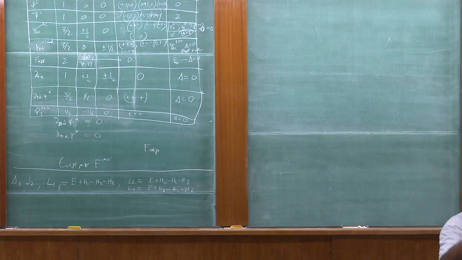We're evaluating the charge of Q. So these 5 charges evaluated on Q are 0. Q carries 0 charge for these 5 quantities. Is this clear? So we are allowed to weight with chemical potentials with respect to these charges, and we will get an index, at least an index of states annihilated by Q. Is this clear? Okay.